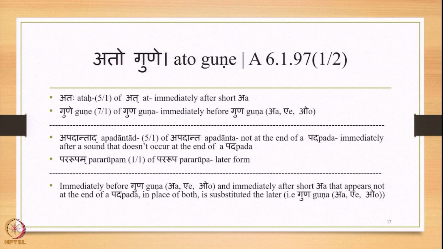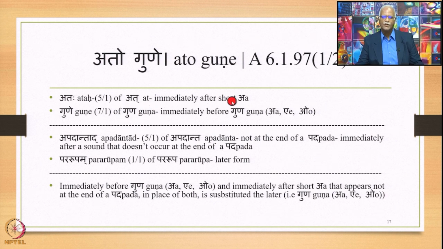Let us proceed further and study the next sutra. This is ato gune. Ato gune has got two words, ataha 5/1 of at, meaning immediately after short a. Remember, this is at. At stands for short a. And gune is 7/1 of guna, meaning immediately before guna.